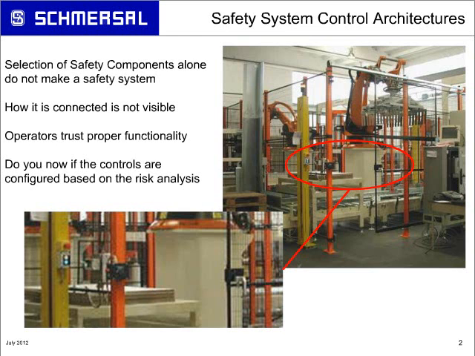An operator sees a door, a switch, the machine shutting down. But how that actually happens is really invisible to them: the wiring, the relays, the interconnection between them. How that's supposed to be done is all a matter of your risk analysis and determining what the proper level or control architecture should be in the safety system itself.